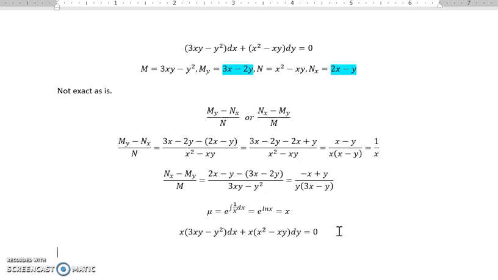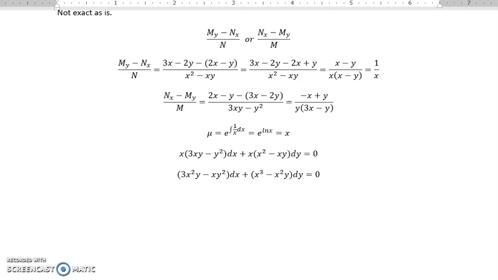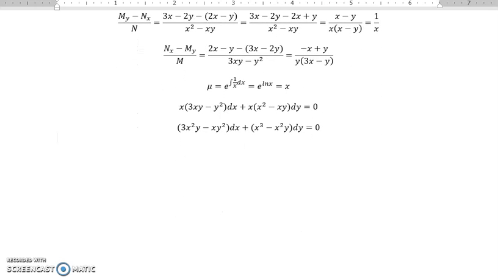And so we're going to end up with 3x squared y minus xy squared dx plus x cubed minus x squared y dy equals 0. And so this should turn our equation into an exact equation.